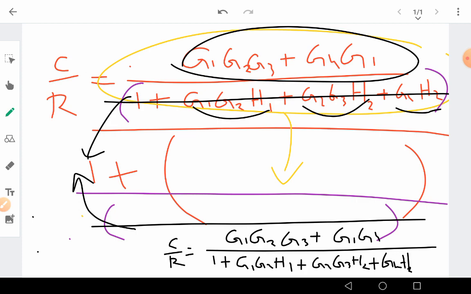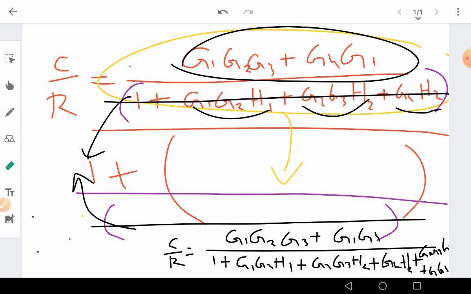Then we have the denominator which we have just cancelled. So what was that? G1 G2 G3 plus G1 G4.